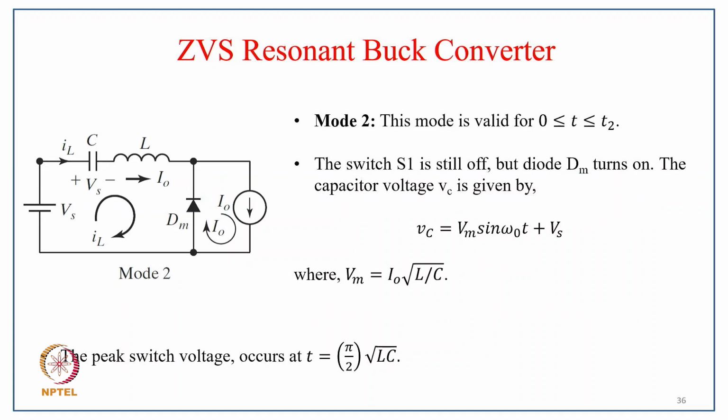Now coming to mode 2, as you can see in the circuit how the current IL and I0 in the output move with the freewheeling diode.